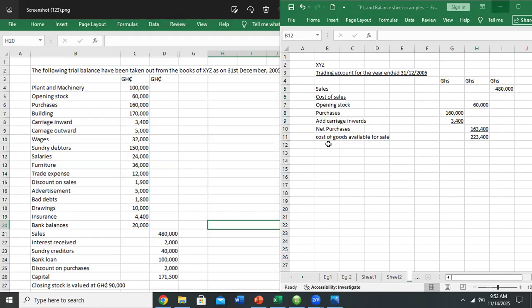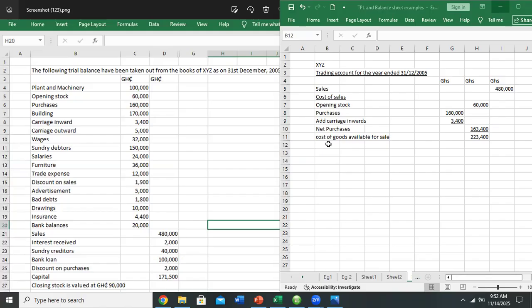The question has carriage inwards and carriage outwards, but I've seen only carriage inwards in there. So what do you propose we do to the carriage outwards? I thought we should less the carriage outwards from the purchases.